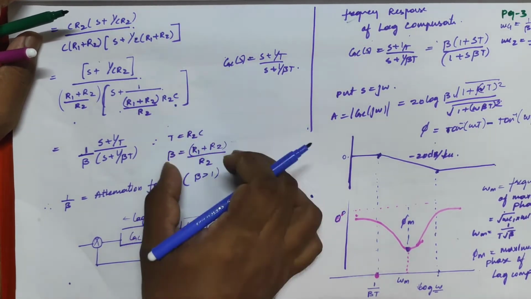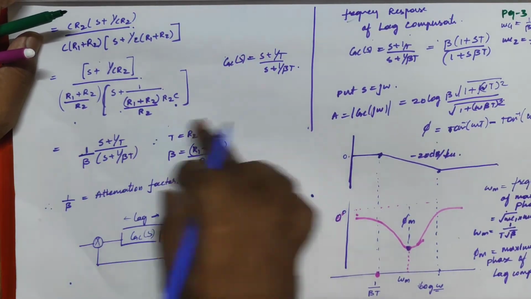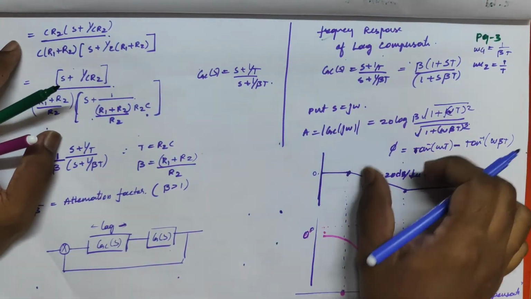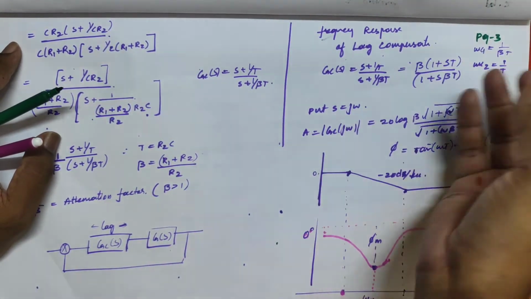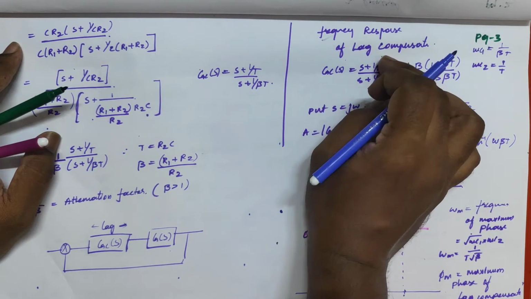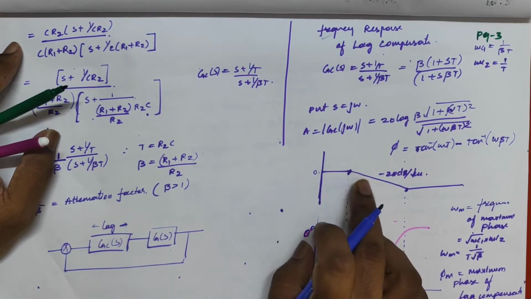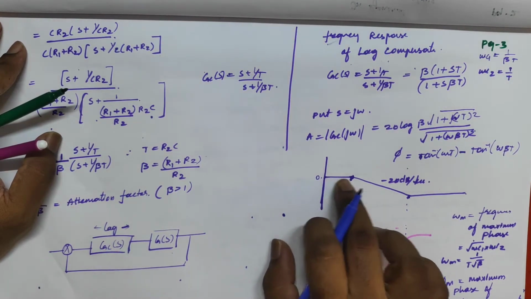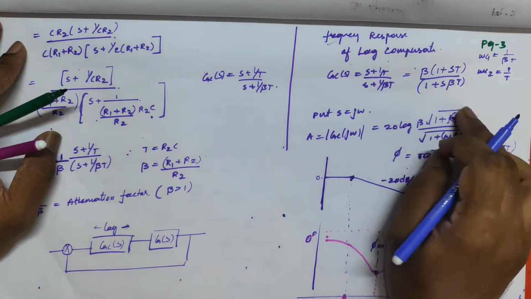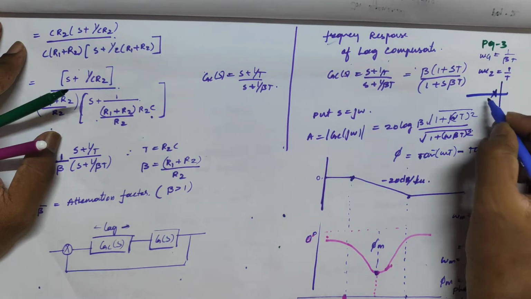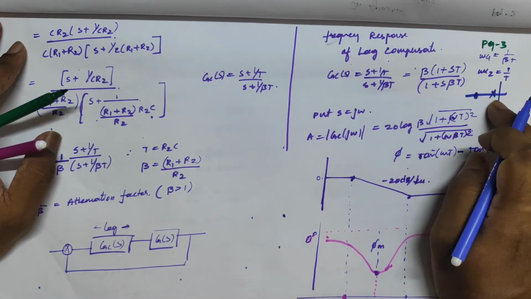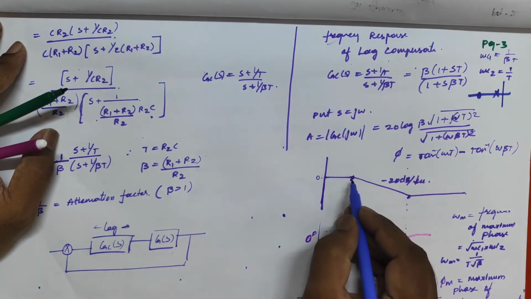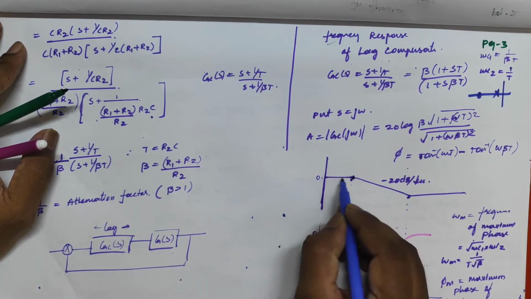If I want to design the frequency response for this lag compensator, for any individual lag compensator we draw the Bode plot, the magnitude plot and the phase plot. What I'm involving here is a pole and a zero. The first corner frequency is the pole, which is why up to a certain point it is 0 dB.